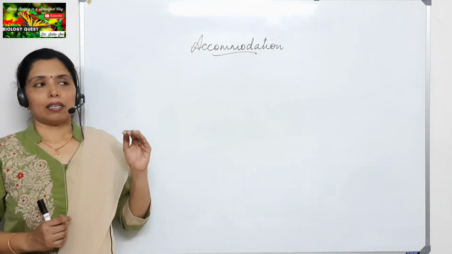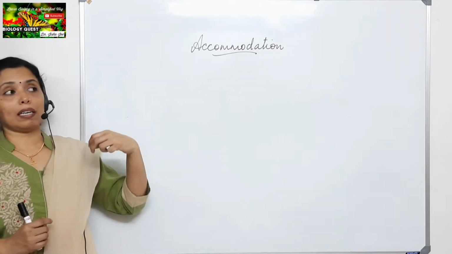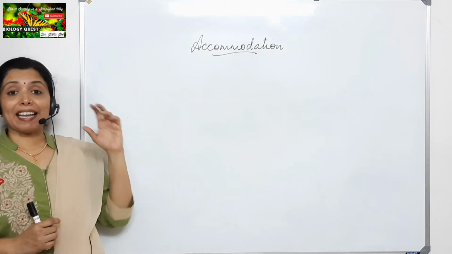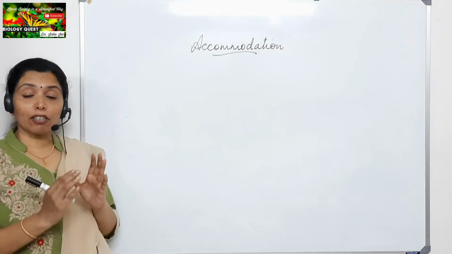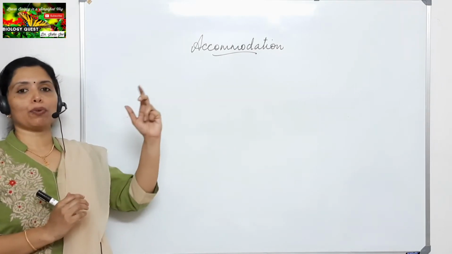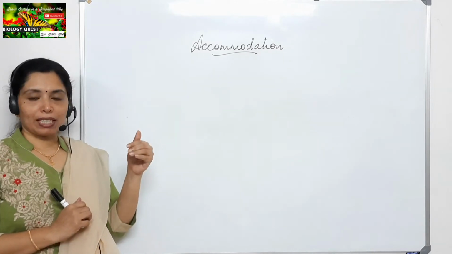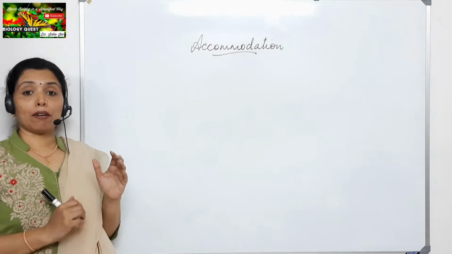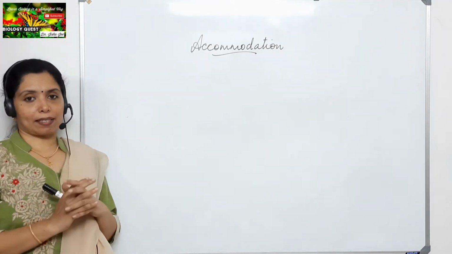Now, to view an object at a distance, for distant vision, the lens should be more thin. The lens should be thin or flattened to view an object at a distance. But to view an object that is near to the eye, for near vision, the lens should be more thick, or the lens should be more convex.